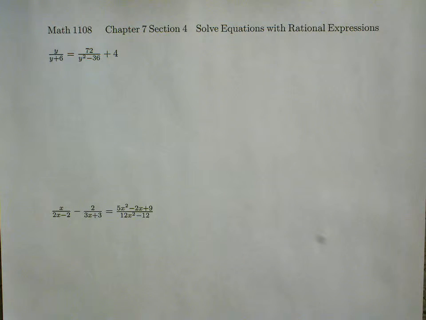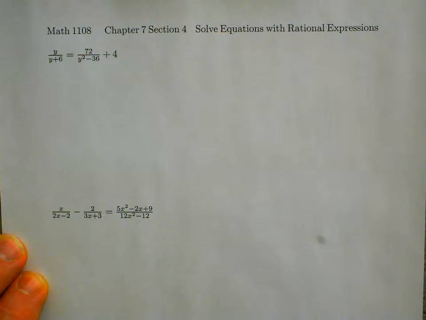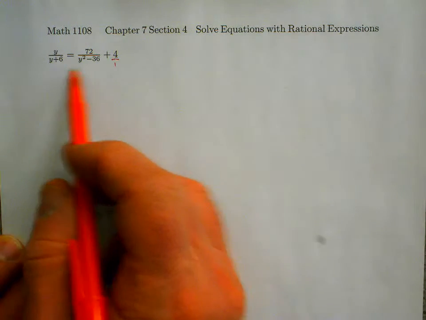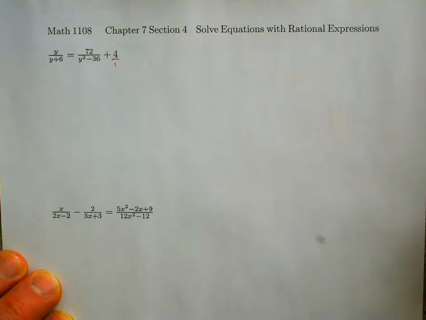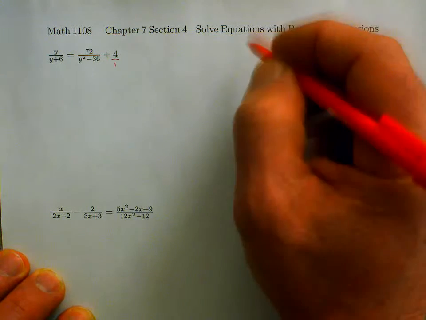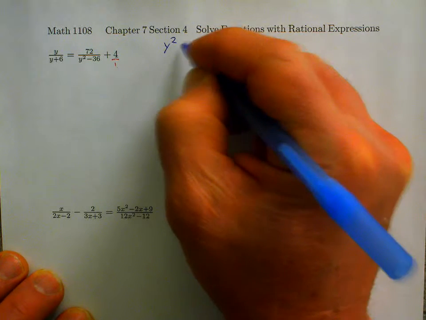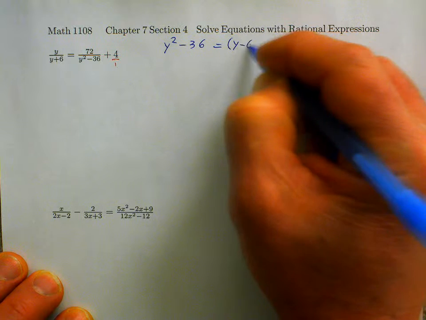Okay, this one's a little more complicated. So we have three denominators, y plus 6, y squared minus 36, and 1. So we note that if we factor y to the second minus 36, we get y minus 6 times y plus 6.